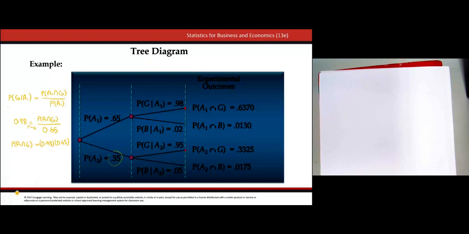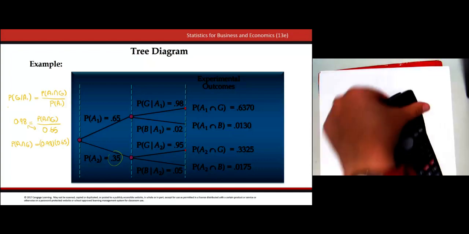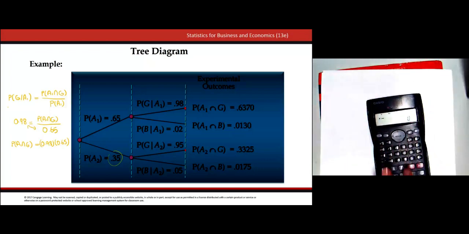We have a total of 4 outcomes. And how did we get 0.637, which is 0.98 times 0.65? And how did we get 0.013?